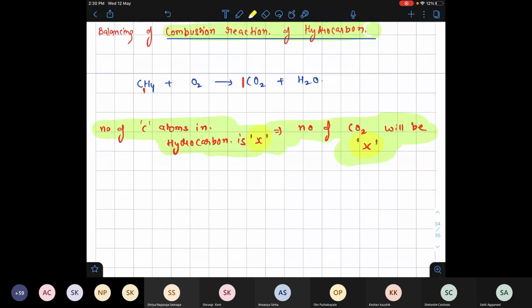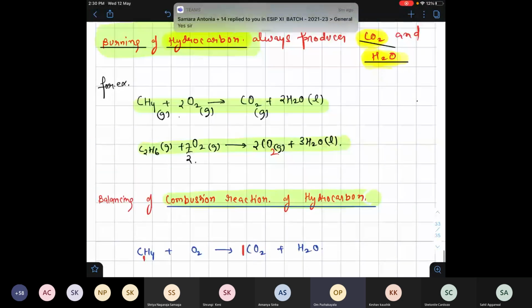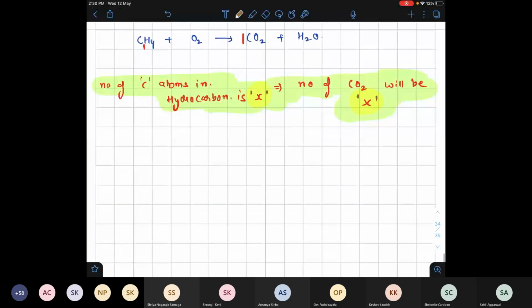Yes, sir. As you can see, here we had one carbon. Here we had one carbon. So we had only one CO2. Here we put if, here we put then. If number of carbon atoms in hydrocarbon is X, the number of CO2 will be X.